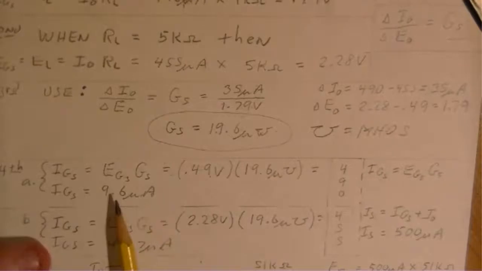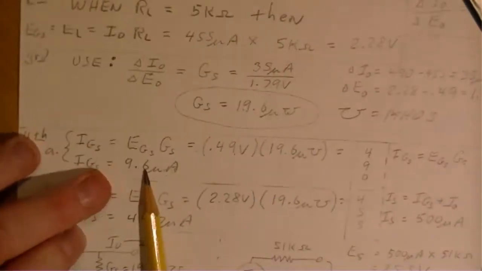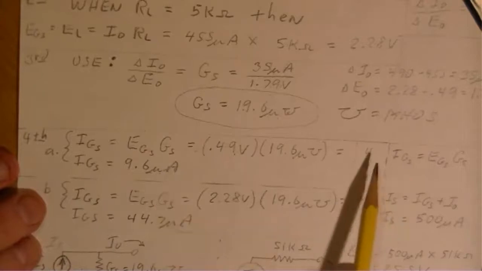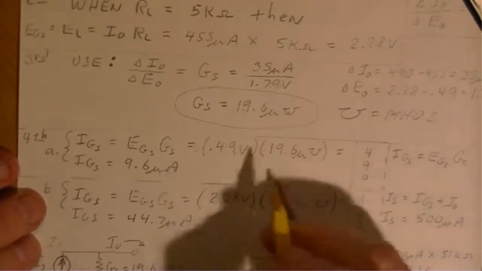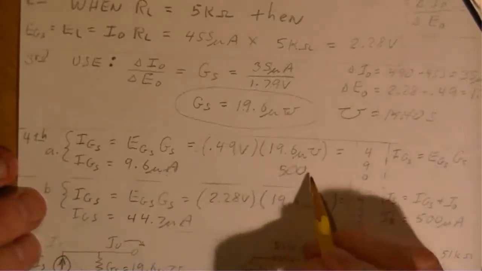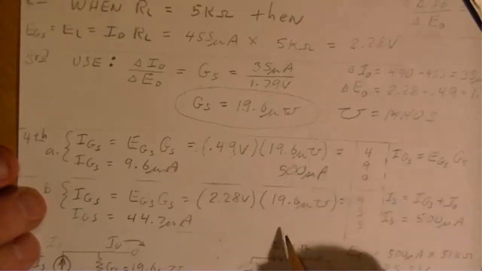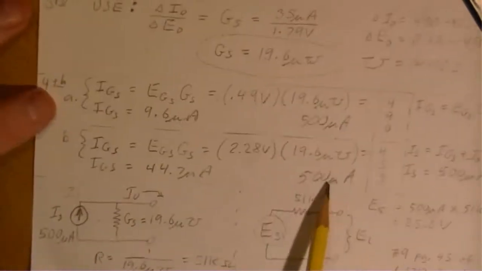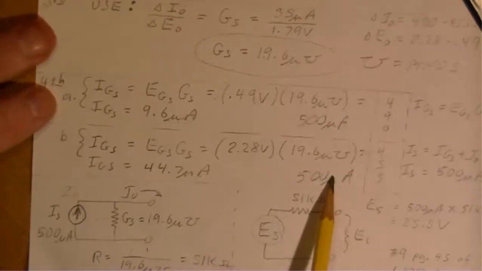In each case, if you add that current to the initial current, for example 490 microamps, you get 500 microamps. You get 500 microamps in both cases. So 500 microamps is the source current output.